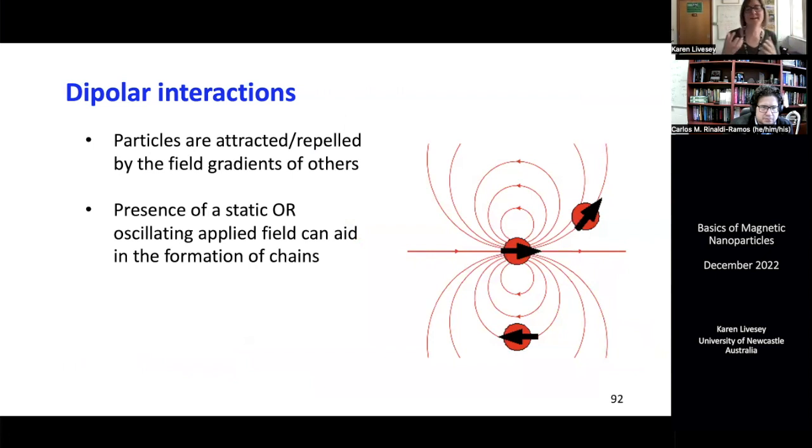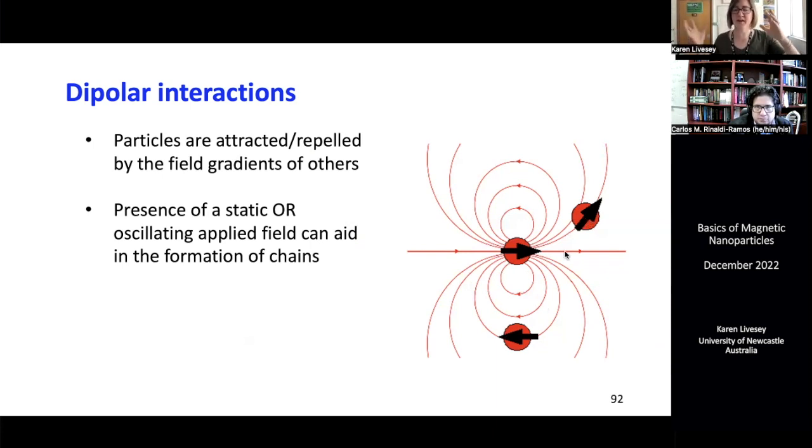This picture of magnetic nanoparticles being attracted or feeling forces due to magnetic field gradients is complicated again by dipolar interactions. We saw this picture last time and sort of threw up our hands and went, wow, this is difficult to deal with. Again, we get magnetic field gradients generated by one particle, which therefore puts a force on neighboring particles.